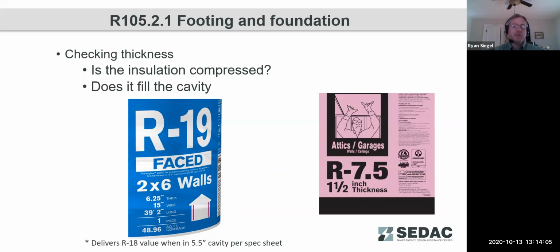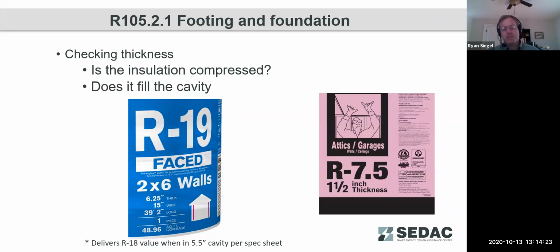Here on the left, we see some insulation bats where it says R19 on the label, and we notice here it says it's 6 1/4 inches thick. Well, a 2x6 wall is not actually 6 1/4 inches thick, it's only 5 1/2.